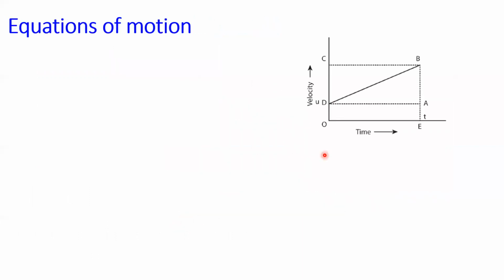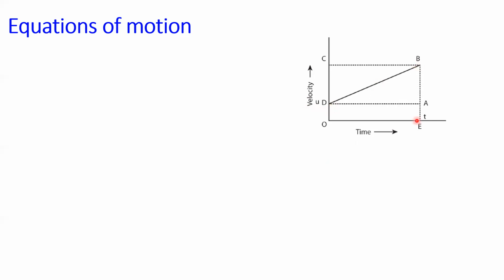Now we are going to derive the equations of motion using the graphical method. Let us draw the graph by taking the time along the x-axis and velocity along the y-axis. The object starts from the point D in the graph with the initial velocity u. Since the object is moving with uniform acceleration, its velocity keeps on increasing. It reaches the point B after the time t.